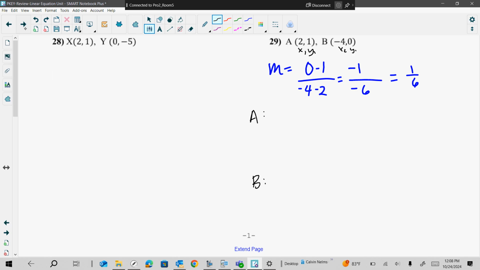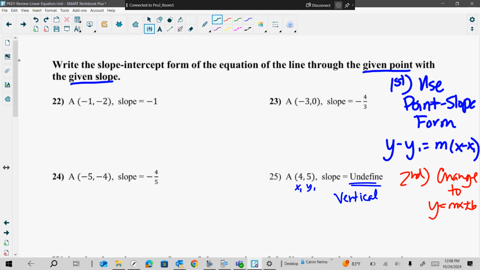All right, so here our steps to put it in slope-intercept form is you're going to first use point-slope form because they gave you a point and a slope, which is y minus y1 equals m parentheses x minus x1. So here's our first step, and then second is change to slope-intercept form. So if I'm looking at 23 here, this is my x1 and my y1. And then the slope right here, this is my m.